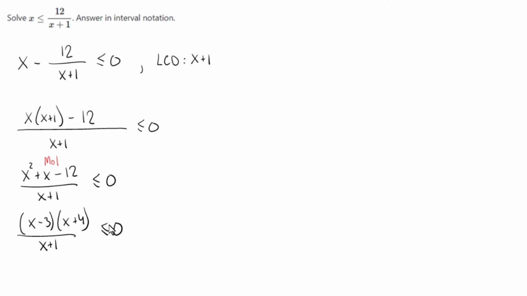Now at this point, we want to find the critical values, which means that the function f of x equals 0, and this will happen when x equals positive 3 and when x equals negative 4.